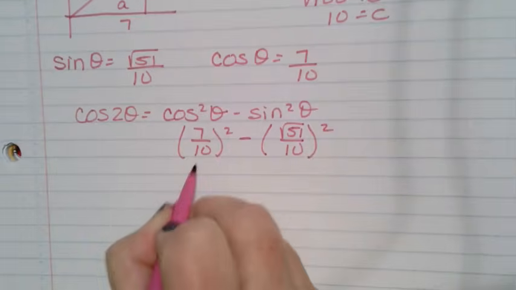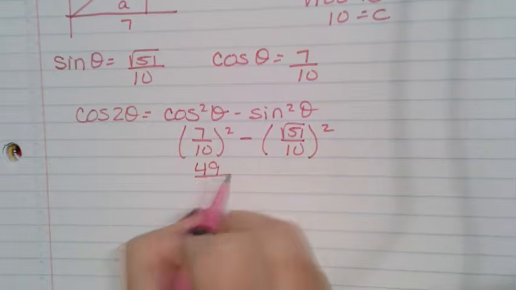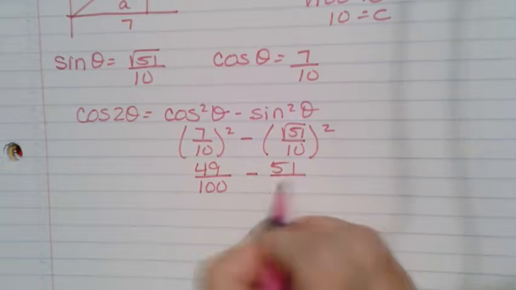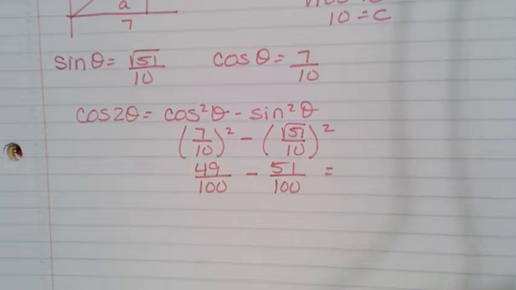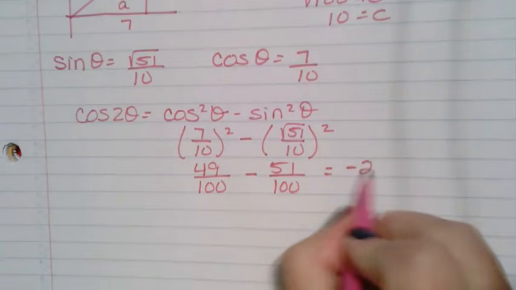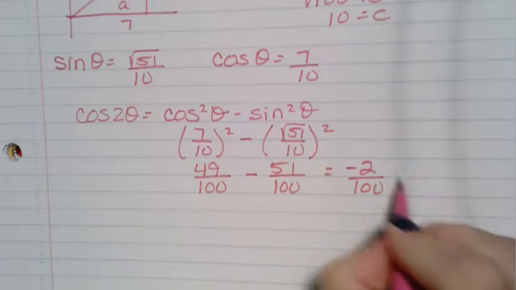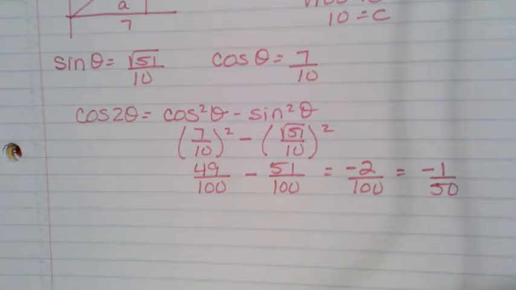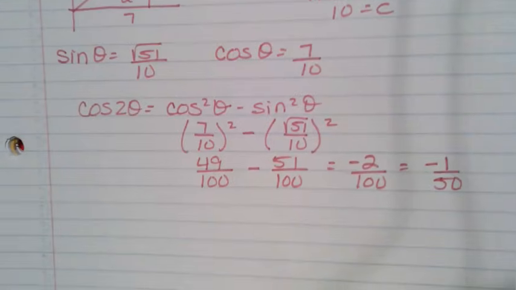So 7 squared is 49, 10 squared is 100, and then 51 over 100. We should always have common denominators. You get negative 2 over 100, which reduces to negative 1 over 50. And yes, you do have to reduce.